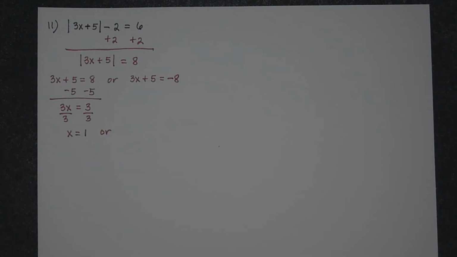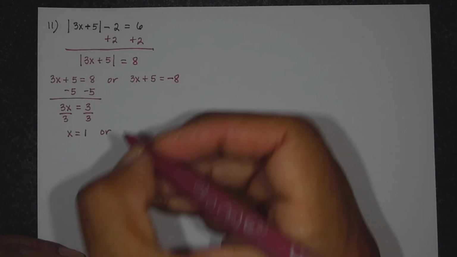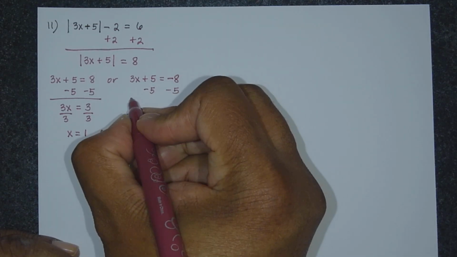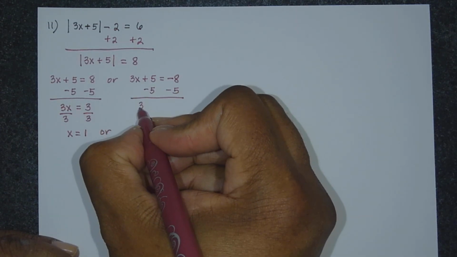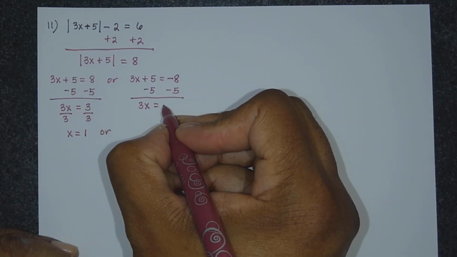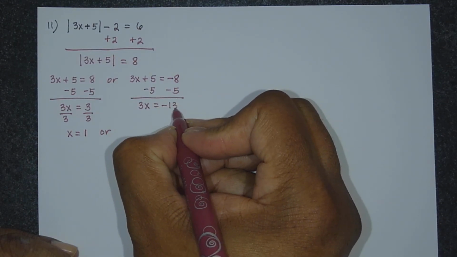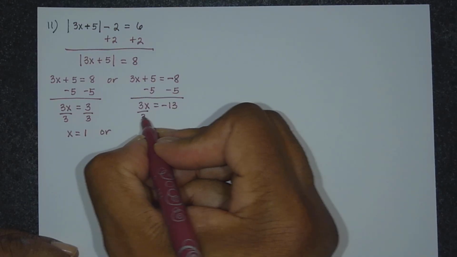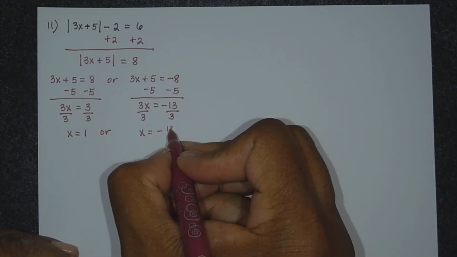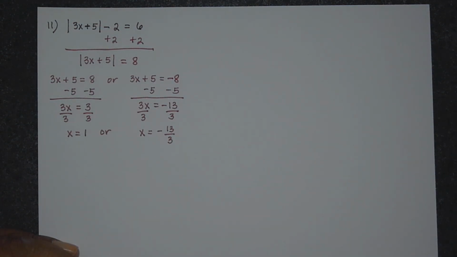And then for 3x plus 5 is equal to negative 8, to solve that, I need to subtract 5. So that means 3x is equal to, what's negative 8 minus 5? Negative 13. And then divide by 3 on both sides. I will leave this as negative 13 thirds, and I'll leave that as an improper fraction. Okay?